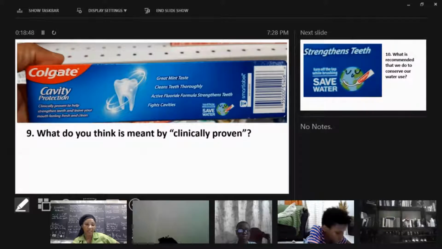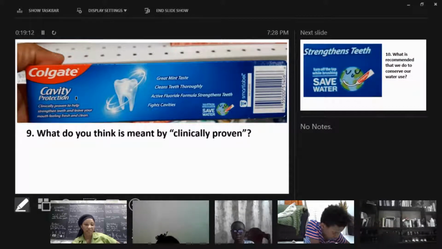So we have Colgate cavity protection, clinically proven to help strengthen teeth and leave your mouth feeling fresh and clean. Great mint taste, cleans teeth thoroughly. Active fluoride formula strengthens teeth, fights cavities. So let me read that again.